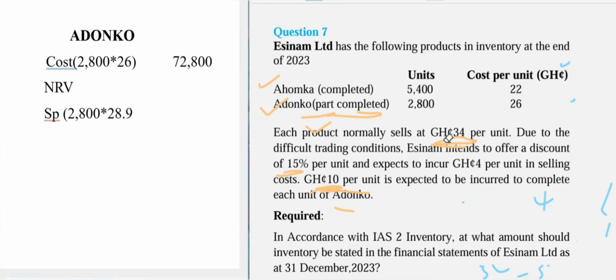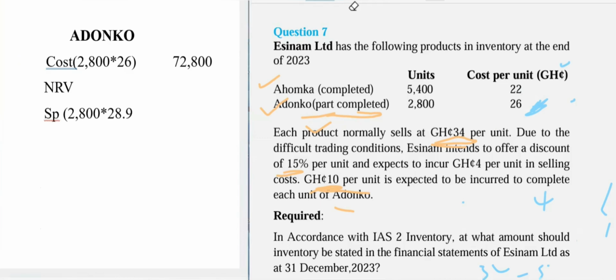So this question that we are solving, for instance, we don't have the selling price for Adonko here, okay? But in case we have the selling price of Adonko, and we also have cost to complete, immediately you factor in cost to complete, you will not use the selling price of the work in progress again.